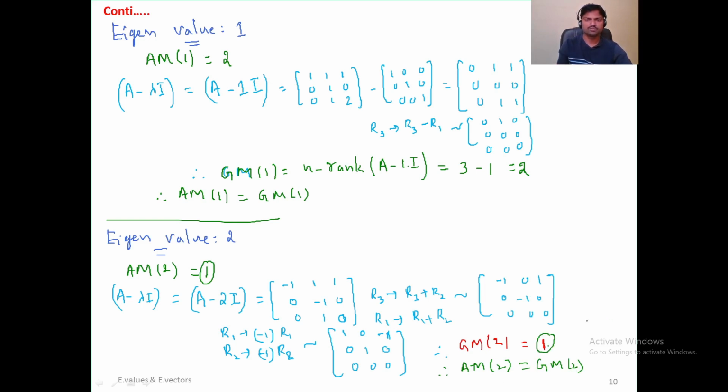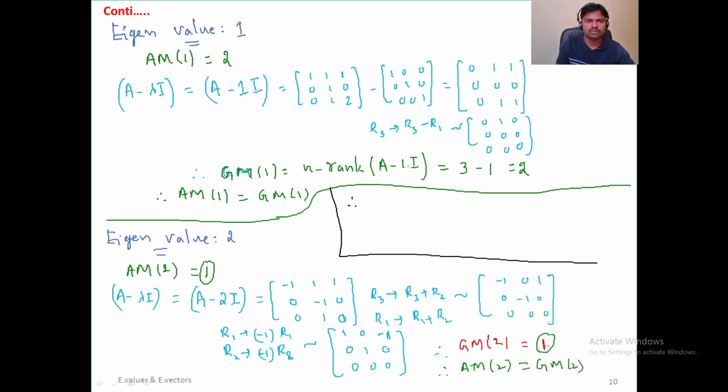So the final conclusion is: the algebraic multiplicity and geometric multiplicity of all the eigenvalues of the matrix A are the same.